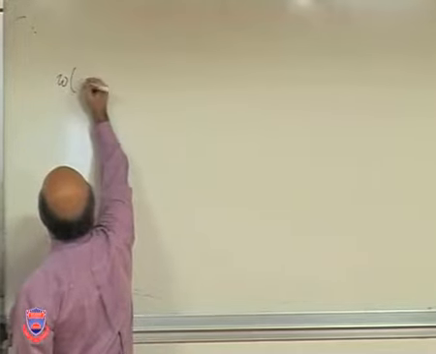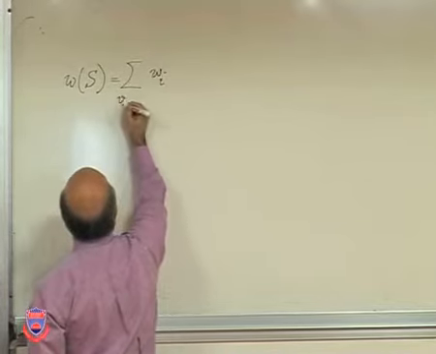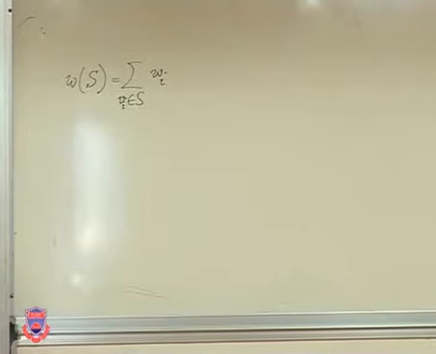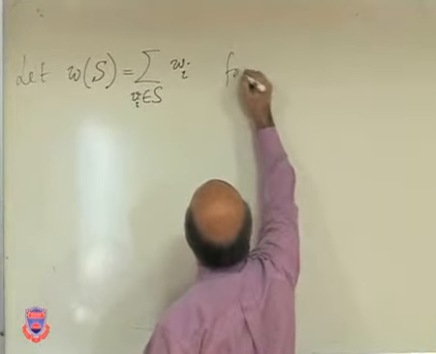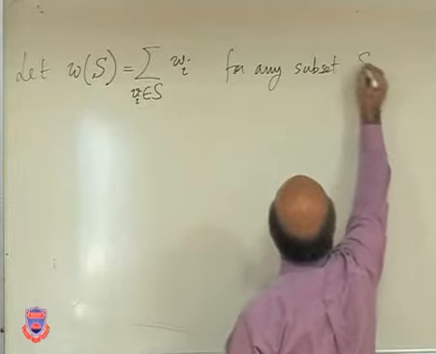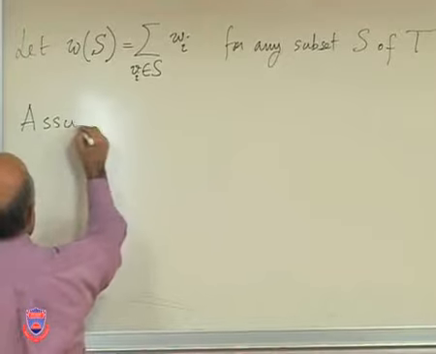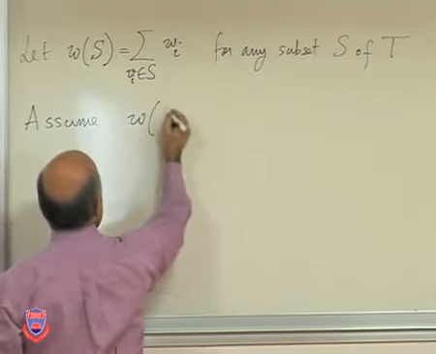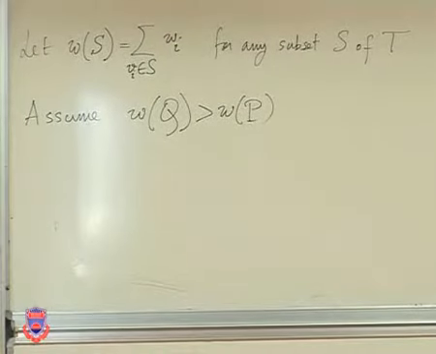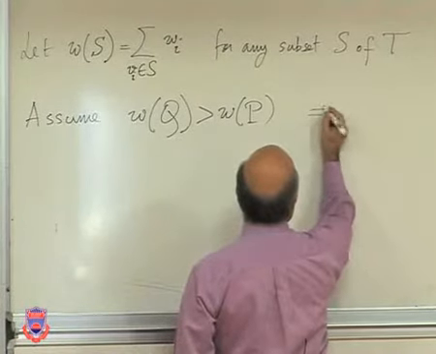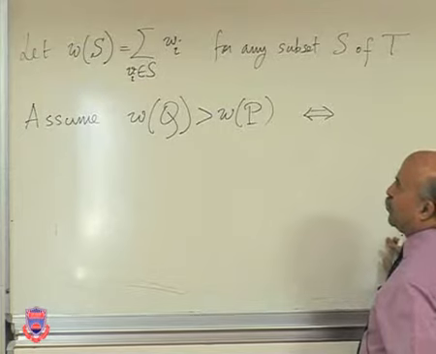If W of S refers to the sum of the weights for vertices restricted to any subset S of the tree, so let W of S equal this for any subset S of T. Assume now the total weight on Q is strictly greater than the total weight on P. This is equivalent to saying that if you add WQ to both sides, what do you get?